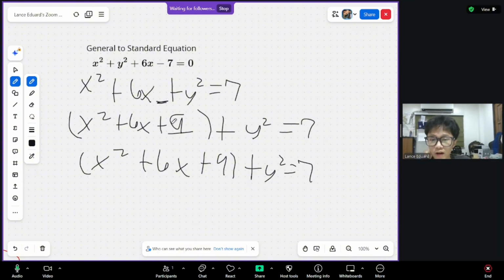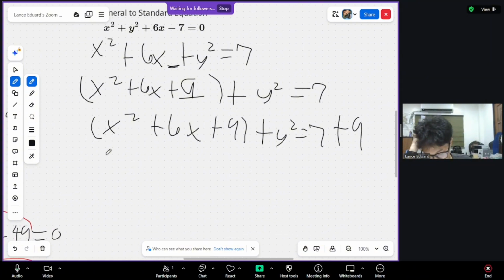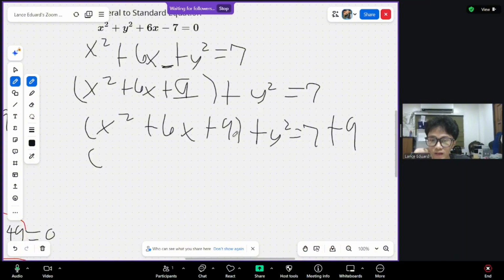Since we added a new variable here, we need to balance the equation out. So we will be adding a 9 here. So it's going to be plus 9. Then for our final step, adding 7 plus 9 and removing 9 from the equation.